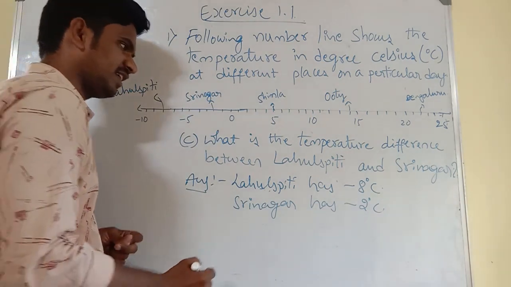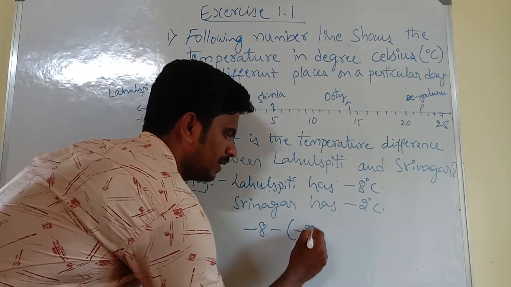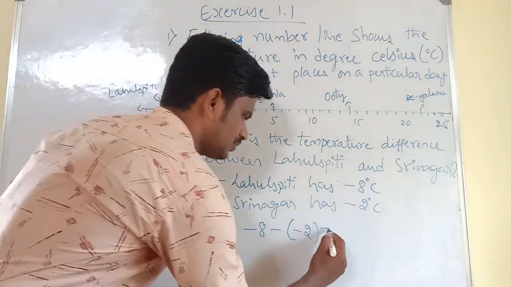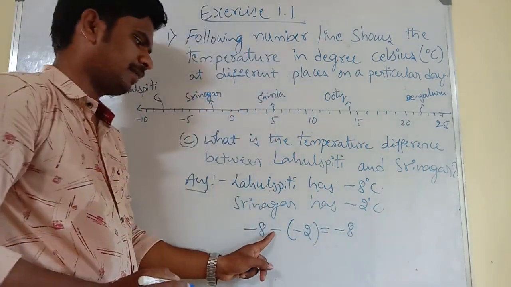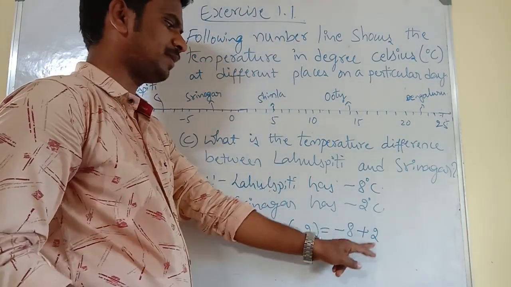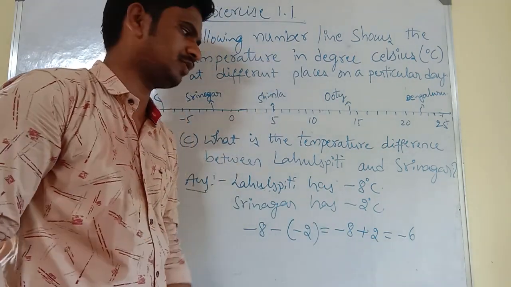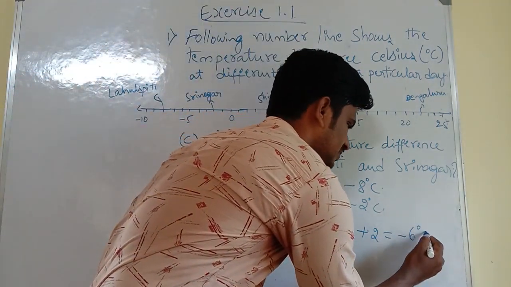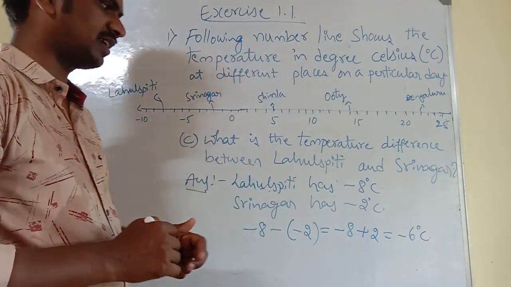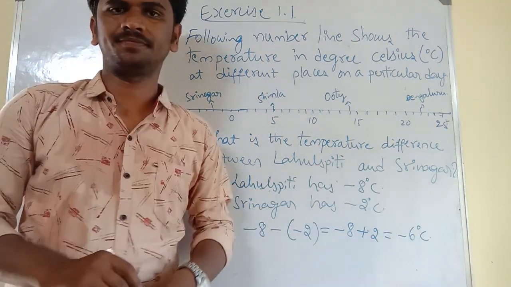Then their difference is minus 8 minus of minus 2, that equals minus 8 plus 2. Then minus 8 plus 2 equals minus 6, because the larger number has the negative sign. So that is minus 6 degrees Celsius. That is the temperature difference between Lahul Spiti and Srinagar.